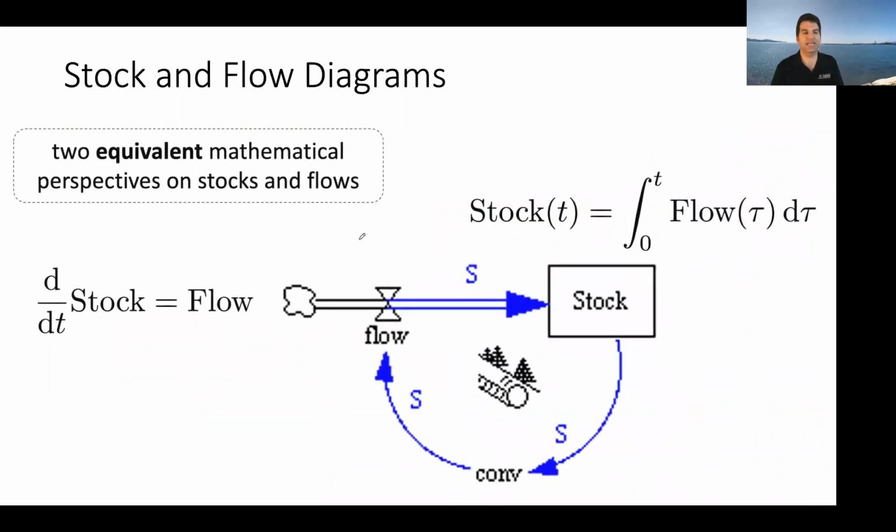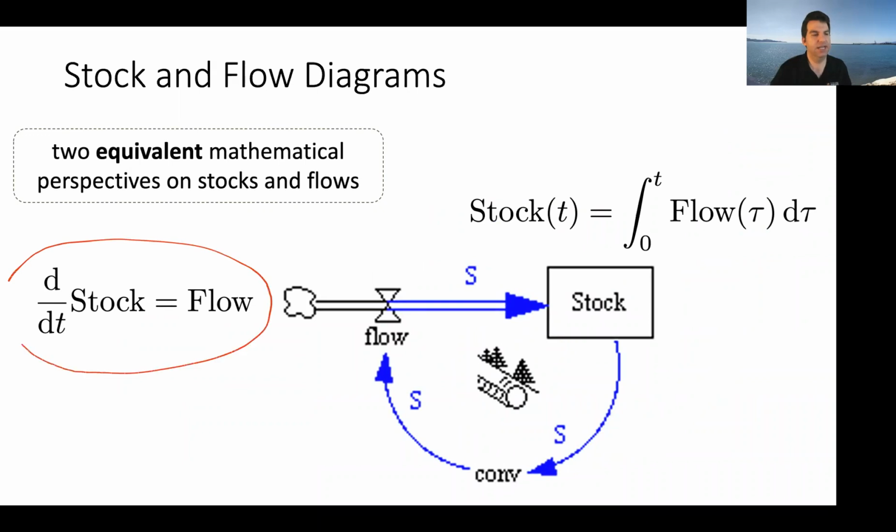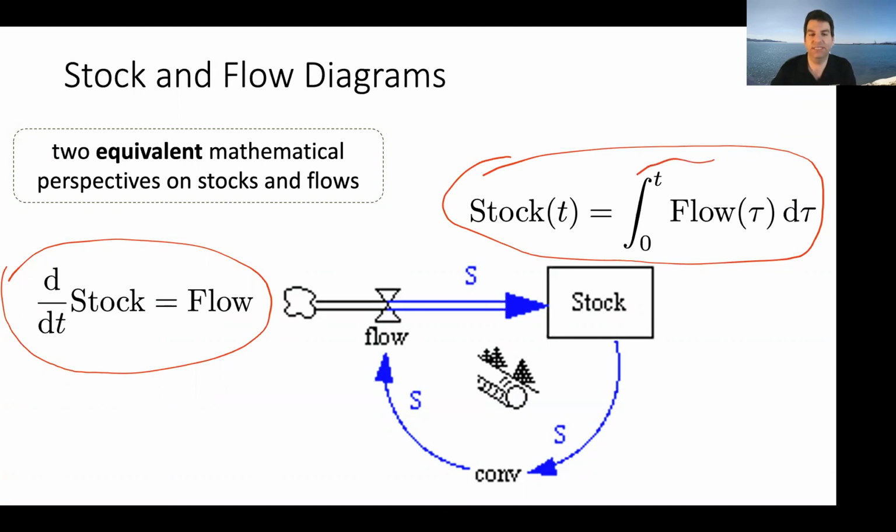This whole thing is identical to this calculus expression here, which is also identical to this integral here. And so the graph that we got out of Excel would be the same graph you would get if you were to solve this integral, where this flow would be your number of bacteria.